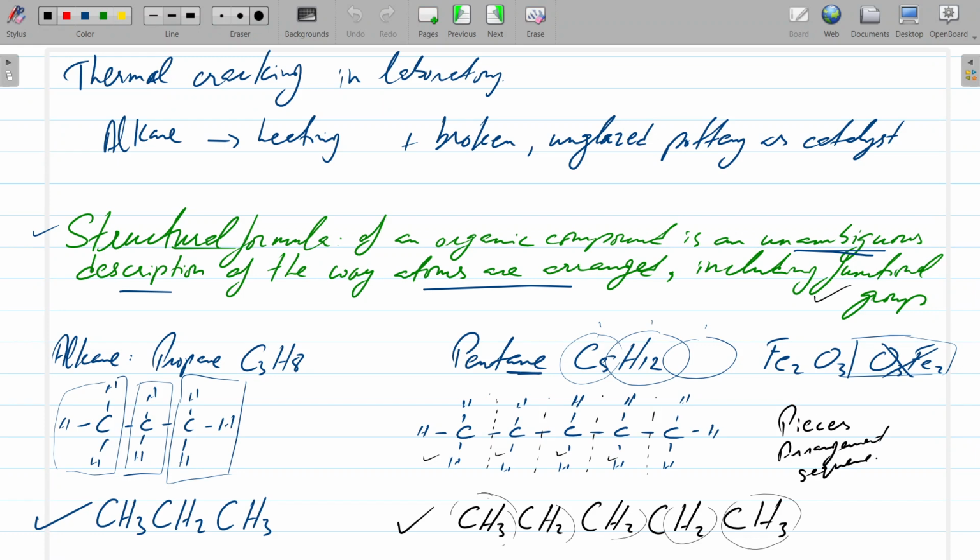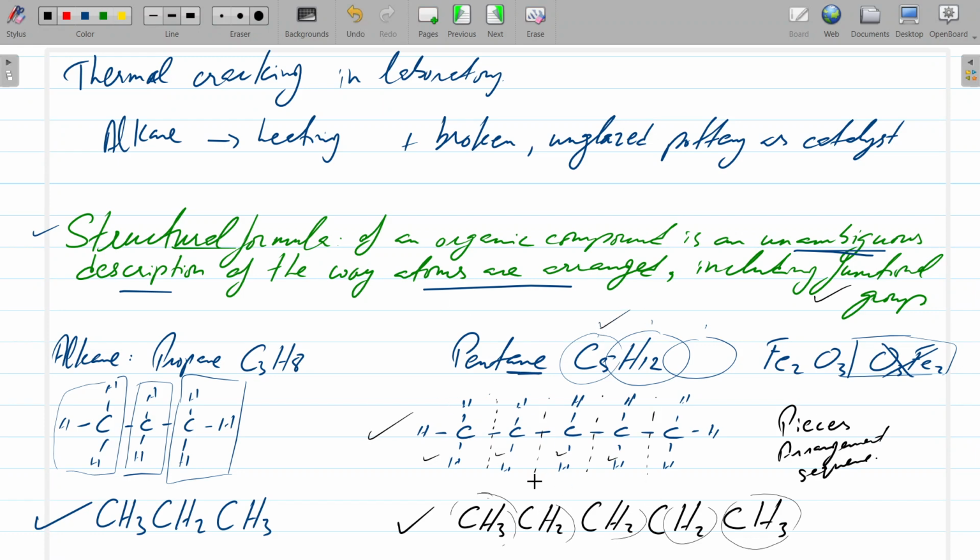I could write it out as CH3 and then CH2 and then CH2 and then CH3 and then CH2. I still have five carbons and I have all the hydrogens, and we're like, yes, but it's not showing you the proper sequence. The point is that all of these should make sense, they should coincide.